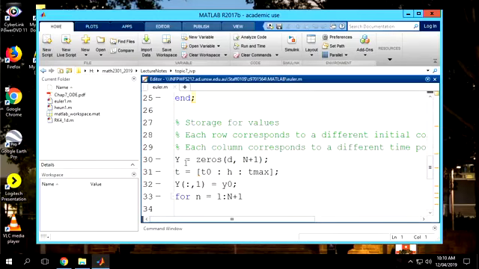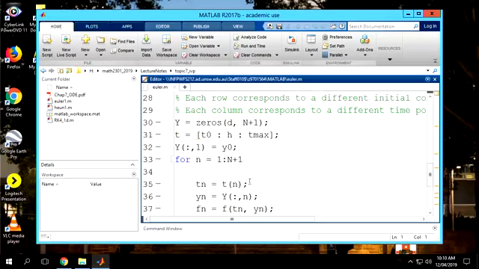And then capital Y is a two-dimensional matrix. Why is that?